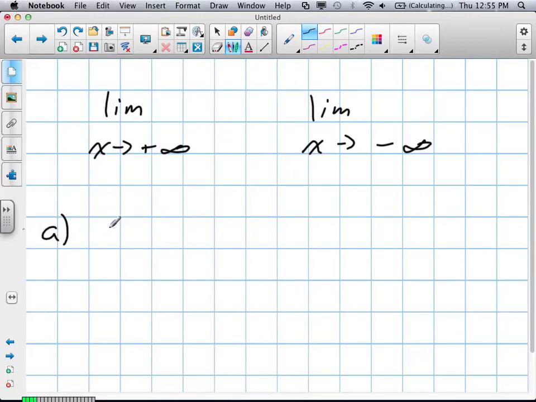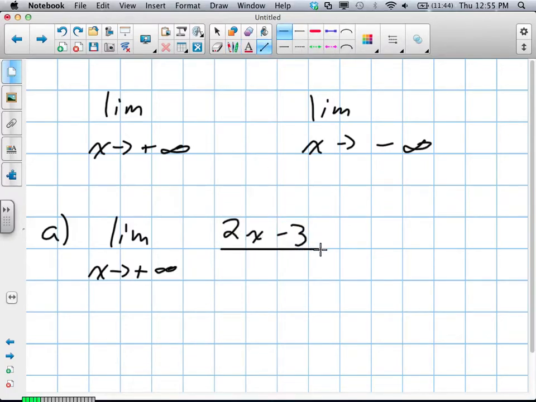Now, let's say they got our first example here: determine the value of each of the following. They've given us part a, the limit as x tends to positive infinity of 2x minus 3 divided by x plus 1. In order to do this, we need to take the degree of our highest term and make it the factor of both the top and the bottom.